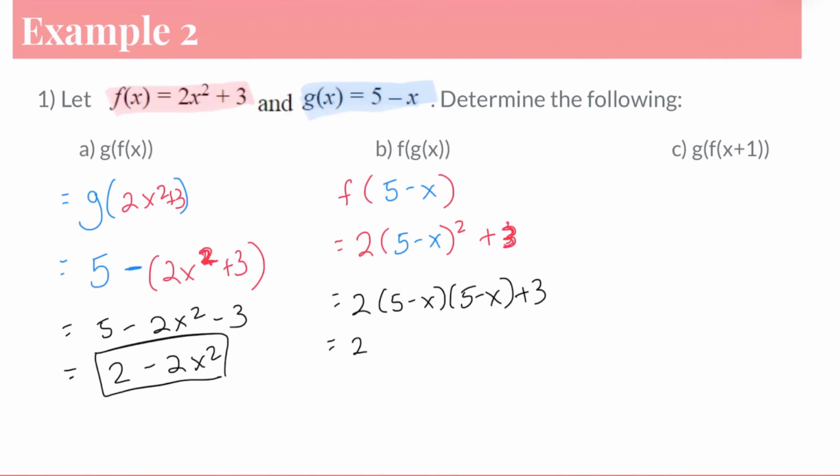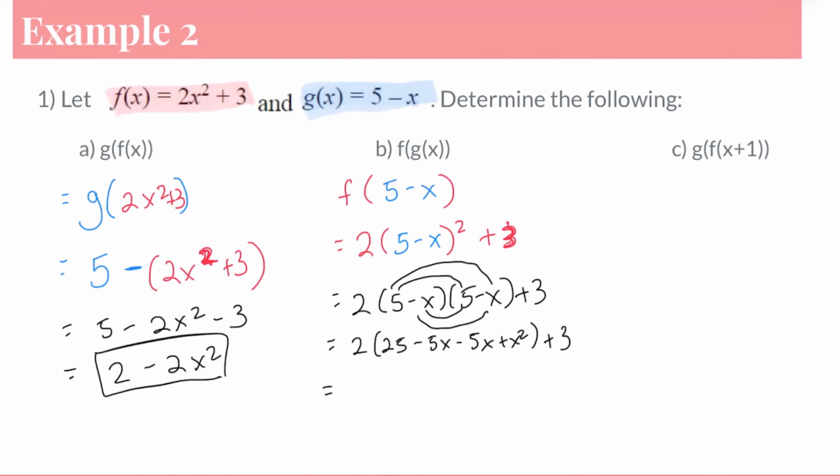So that means I do have to multiply everything out. So 5 times 5 is 25. 5 times negative x is minus 5x. Negative x times 5 is minus 5x. And then negative x times negative x is plus x squared. And then I can distribute my 2.